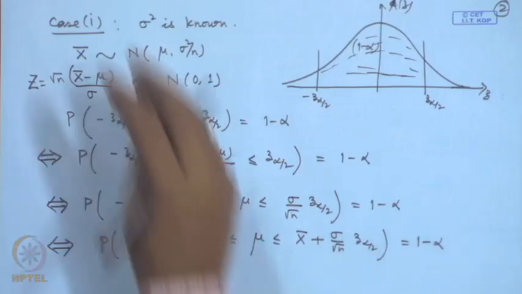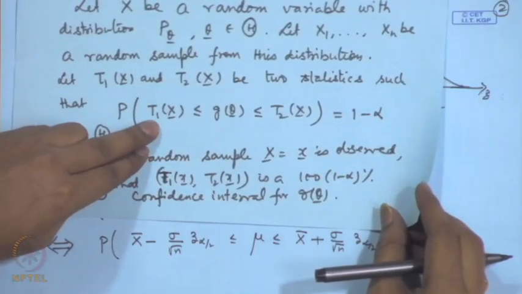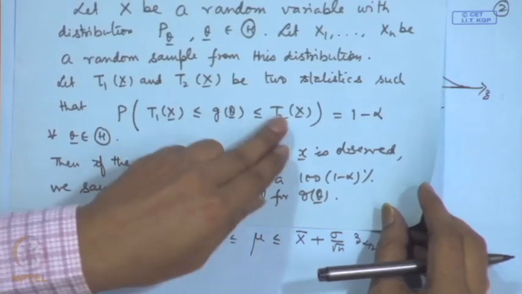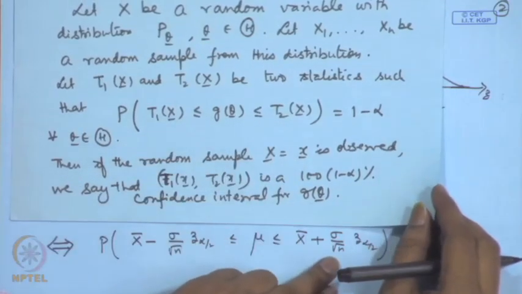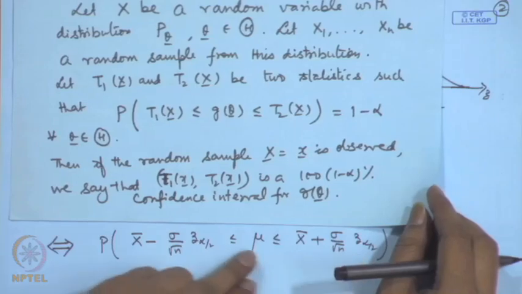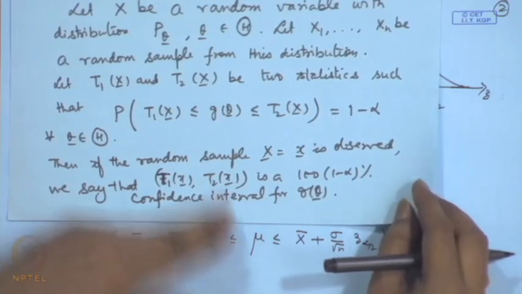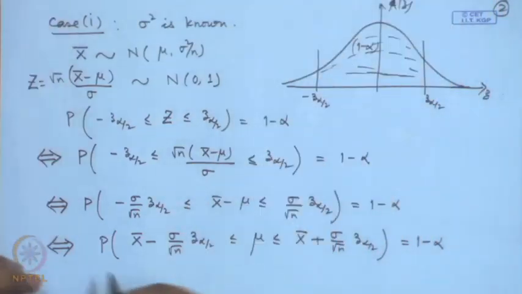If we compare this with the definition of the confidence interval that I introduced, here if I take T 1 x as x bar minus sigma by root n z alpha by 2 and T 2 x as x bar plus sigma by root n z alpha by 2, then this gives us a confidence interval for the parameter mu.